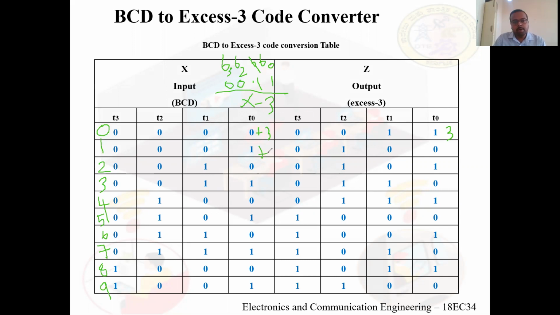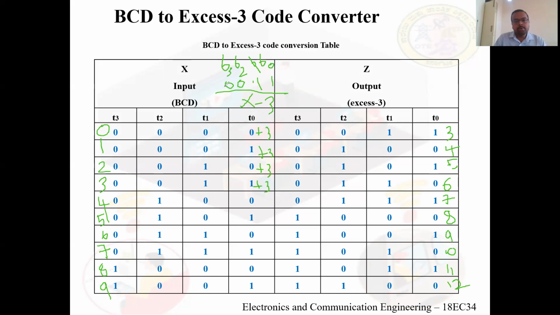Similarly 1 plus 3, what we get now? 4. Now 2 plus 3, we get it as 5. Similarly, we get 6, 7, 8, 9, 10, 11, and 12.